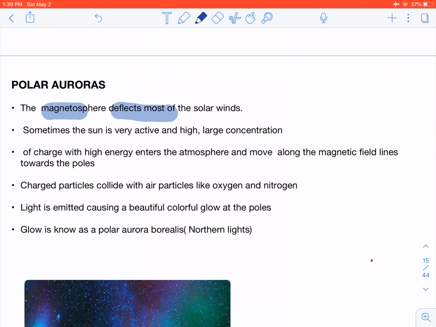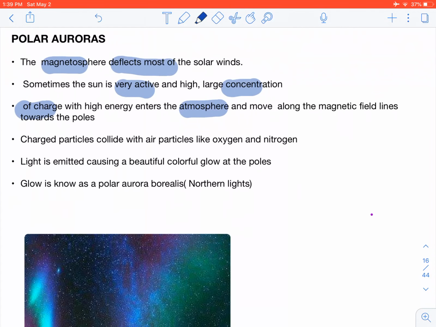Sometimes the sun is very active and we have a large concentration of charge that enters the atmosphere.